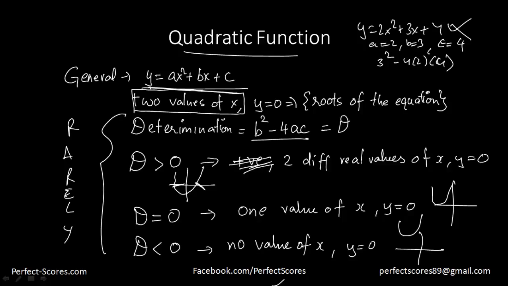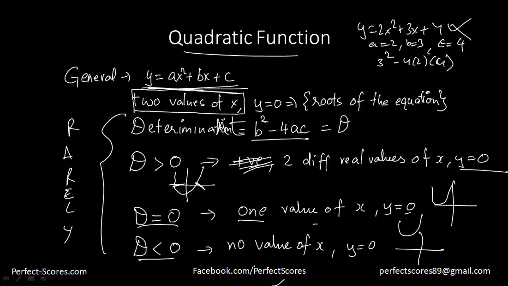So the general form of a quadratic function is this. There are two values of x at which y is equal to 0. Then there is a determinant, that determinant would be b square minus 4ac. If it's greater than 0, then there are two different values of x when y is 0. If the determinant is 0, there is only one value of x.